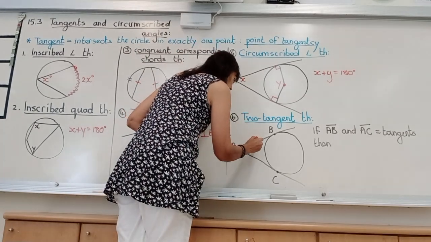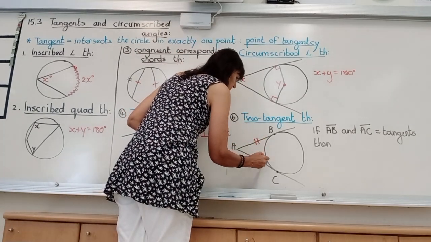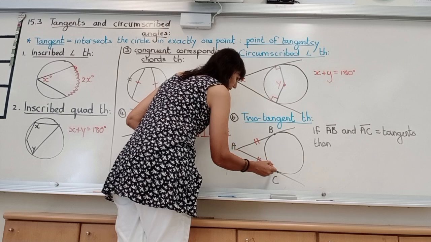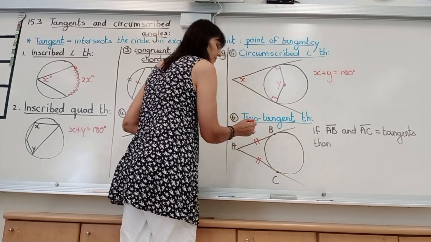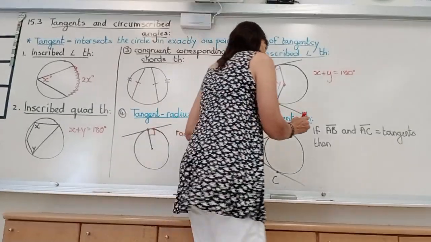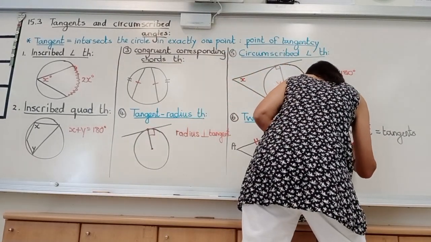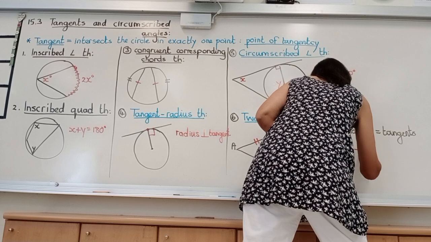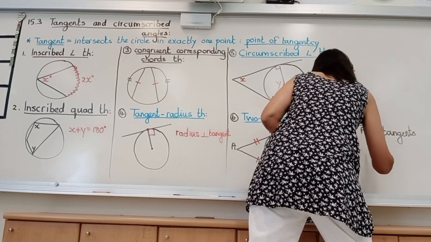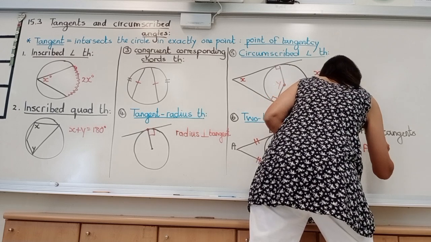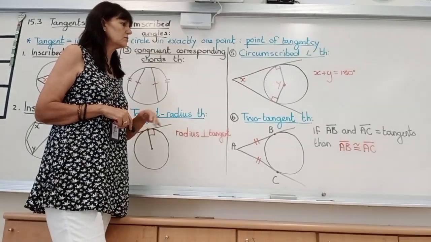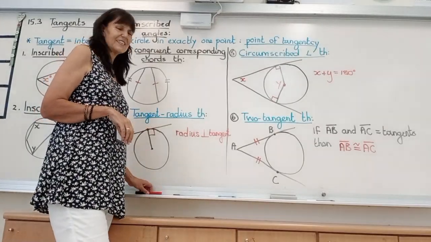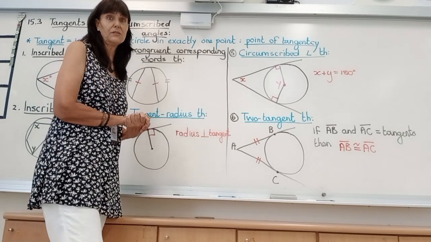We can say that these two tangents, if I take it from A to C, I don't worry about the rest, from A to B, they are congruent. From A to B, congruent to A to C. Those two line segments, the two tangents, will be congruent. Right, let's do a few examples in the next video.